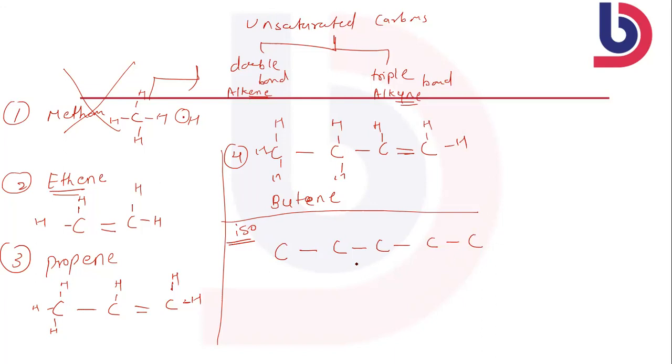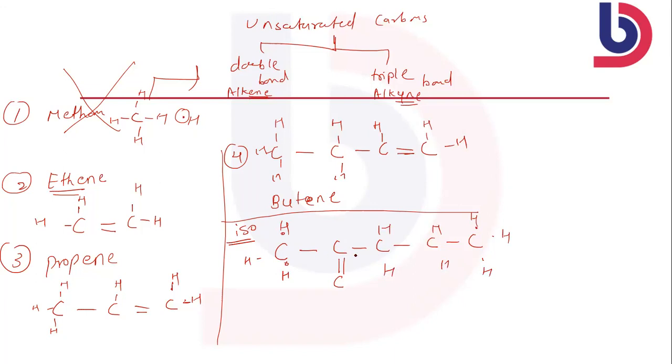Right now, I will branch my carbon here with the double bond, because I'm discussing alkene now. So I introduce the double bond with the branched carbon. Now just write down the hydrogen, whatever the valencies are there. So here you have three, here you have three, and the remaining one has two.